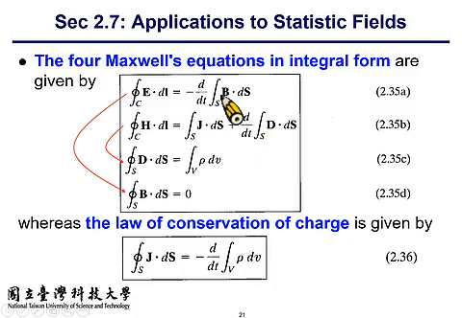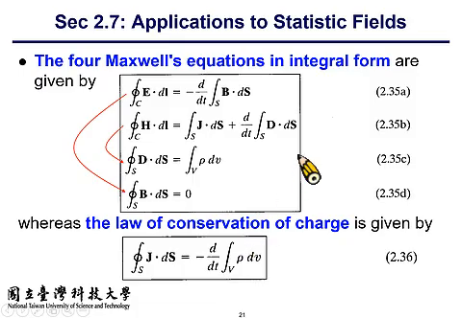And there are three derivatives. There are three time derivatives on the right-hand side. They are the time derivative of magnetic flux density, the time derivative of electrical flux density, and the time derivative of electrical charge. And now in section 2.7, we are talking about the static field, which means that we are talking about the special case of Maxwell equations under the consideration that there are no time variables in these equations.